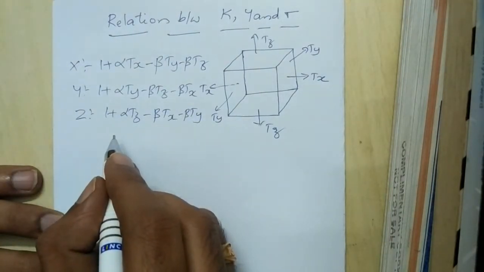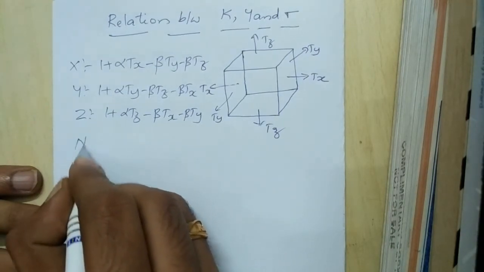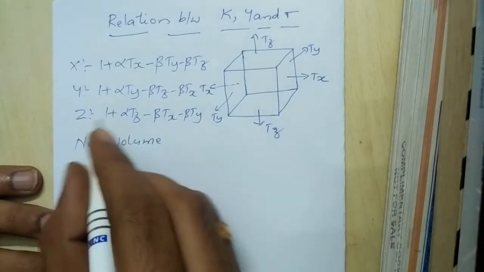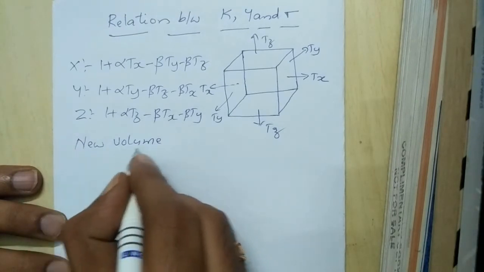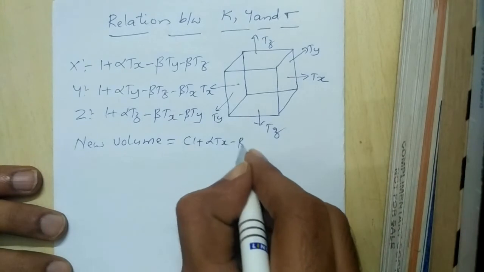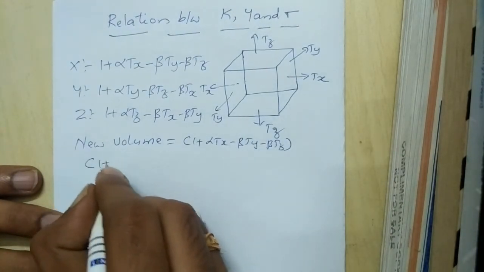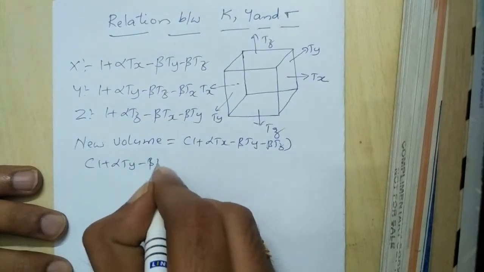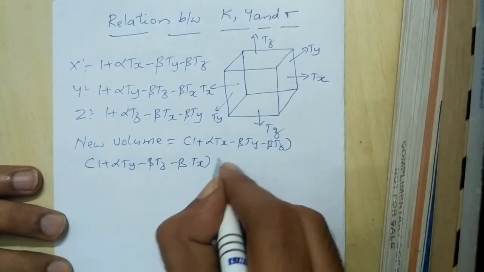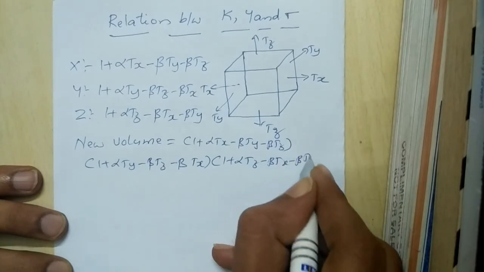So now let us see what the total volume is. The new volume of the cube is given by the product of the three quantities. That is equal to 1 plus alpha Tx minus beta Ty minus beta Tz, into 1 plus alpha Ty minus beta Tz minus beta Tx, into 1 plus alpha Tz minus beta Tx minus beta Ty.